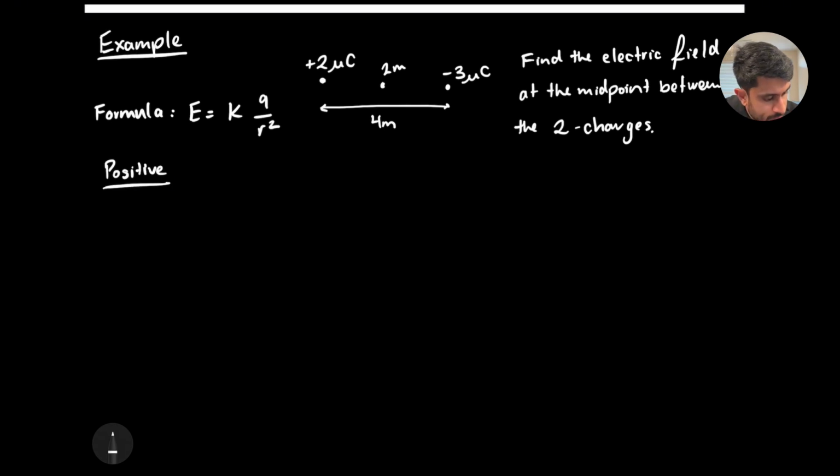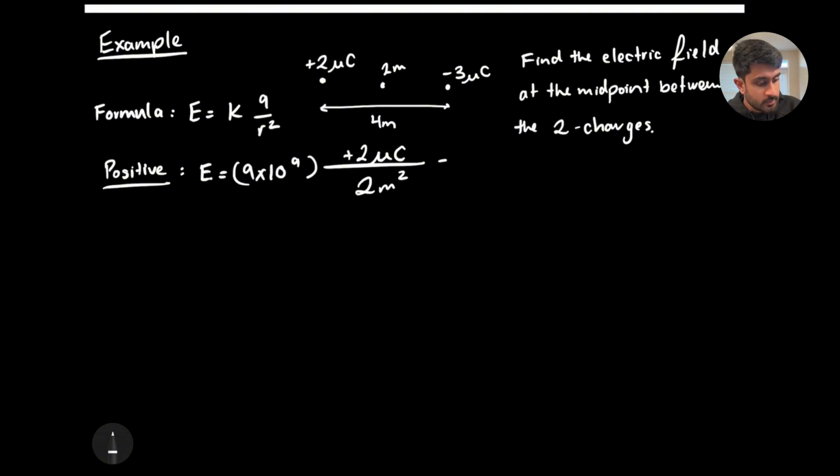In this case, we have E equals 9 times 10 to the ninth multiplied by plus 2 microcoulombs over 2 meters squared. So the value of the electric field from the positive charge is going to be 4,500 newtons per coulomb.